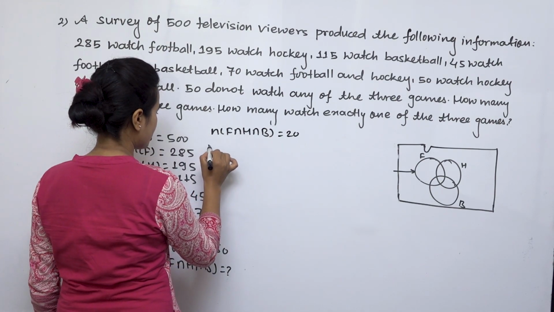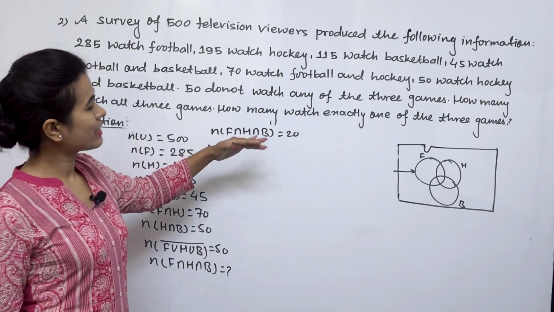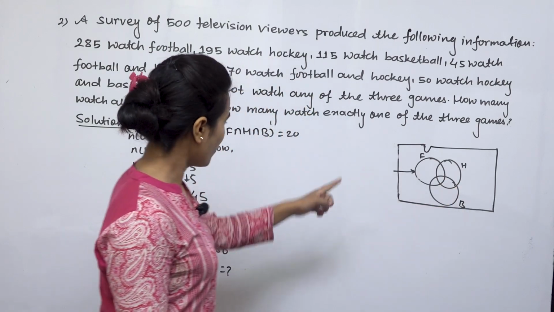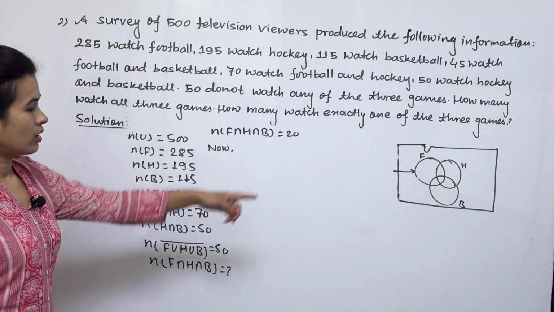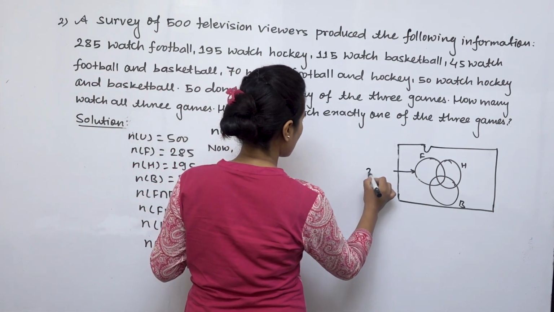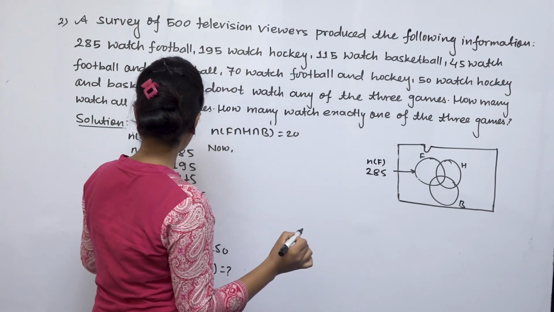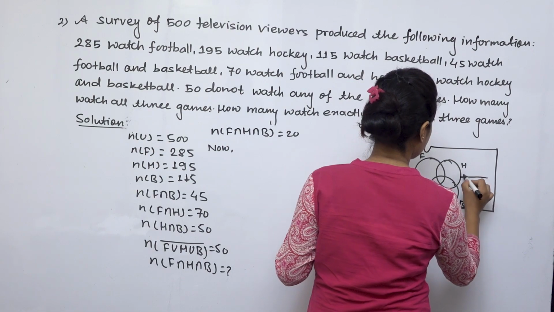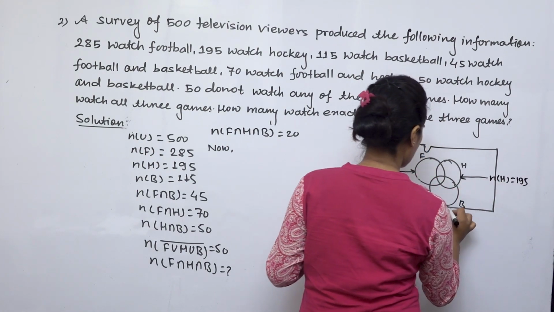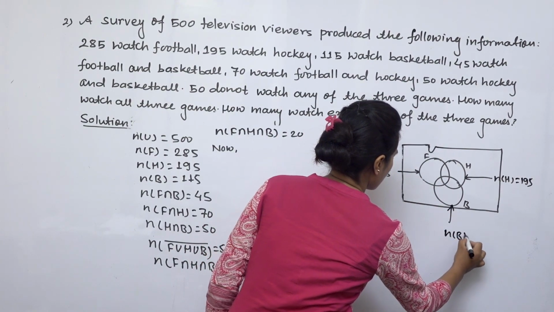Now we need to find out how many watch exactly one, that means only F, only H and only B. If we fill in the values in our sets, it will be easier for us. For F we have 285, for H we have 195 and for B we have 115.